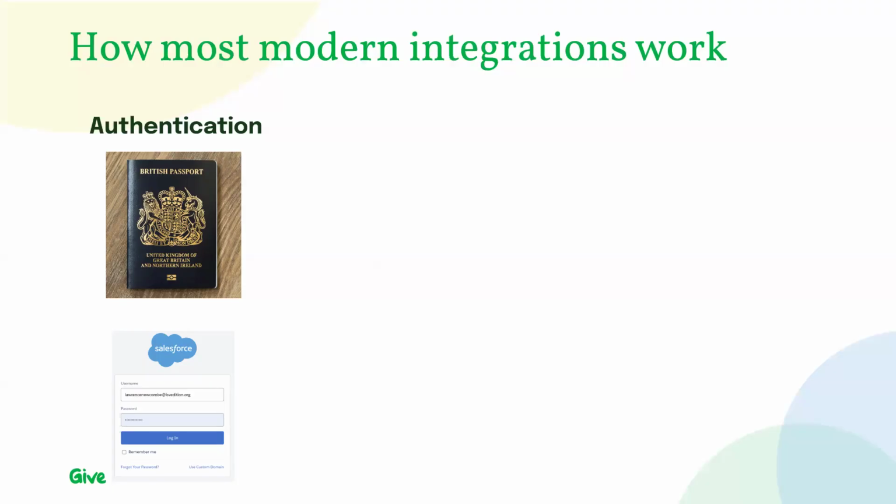This is typically done by an integration user demonstrating who they are, or a human user putting in a password or logging in through single sign-on. It's analogous in some sense to proving who you are as you go into a hotel.